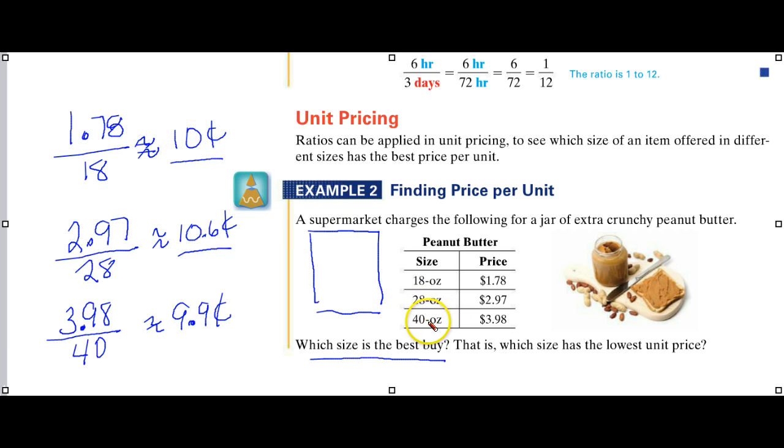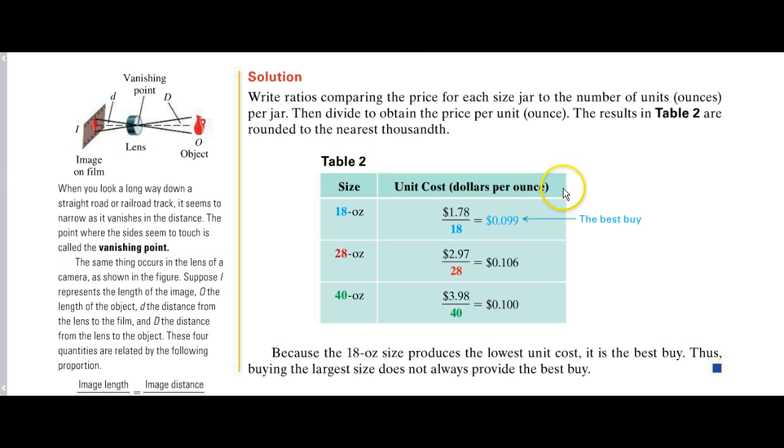But then when you went to the 40 ounce, again, setting it up as a ratio, figuring out your cost per ounce, here the 40 ounce would be the best buy. Well, I don't usually find the textbook incorrect, but I checked my math here a couple of times, and here the price is 0.095.